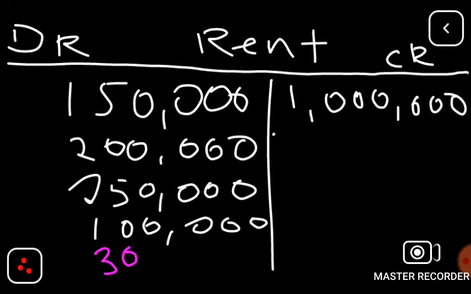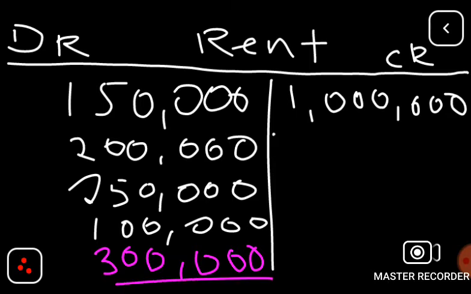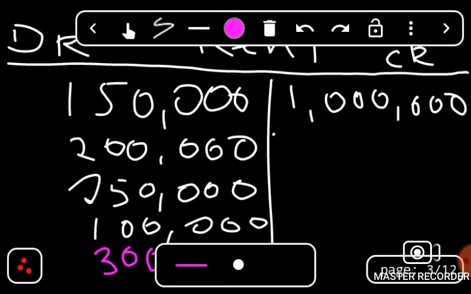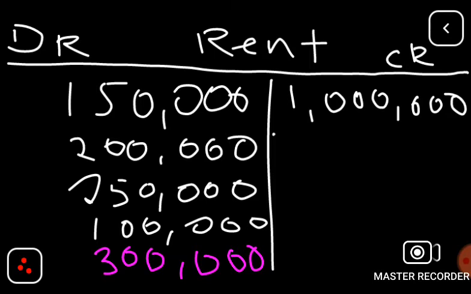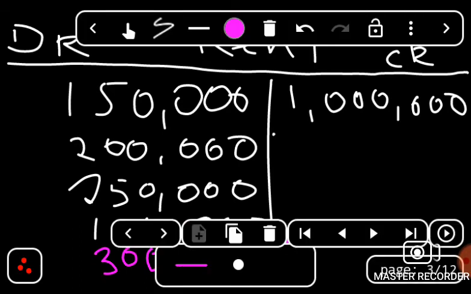So 300,000 will be written here as accruals carried down, to show that this amount has come because we are owing a certain amount of money.